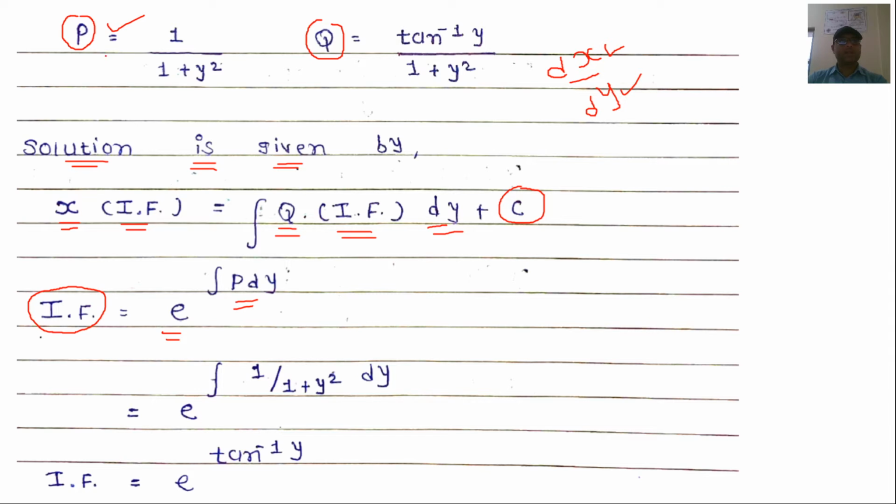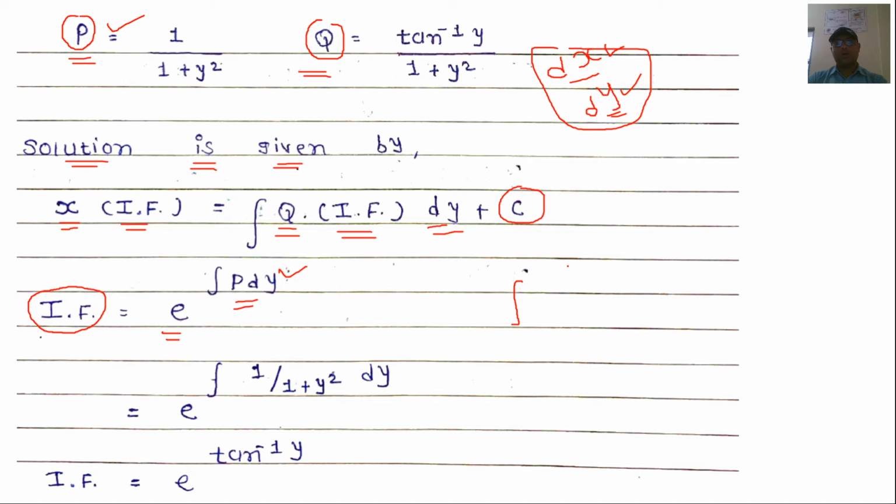Here you can observe that both p and q are functions of y when the differential equation contains a derivative dx upon dy. So integrating factor is equal to e raised to integration p dy. Integration is taken with respect to dy because the derivative is with respect to y. Now put the value of p.